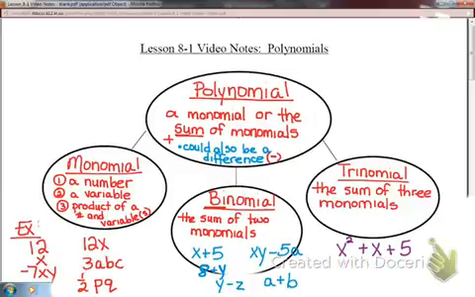Another example, we can throw more numbers in and say we have something like 3a plus 2b minus 10. That is also a trinomial. There are three monomials, and they are being added or subtracted together.